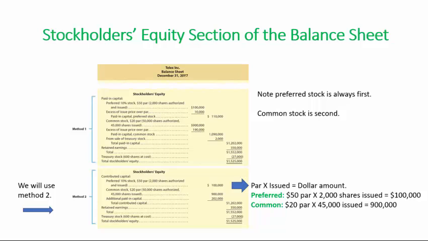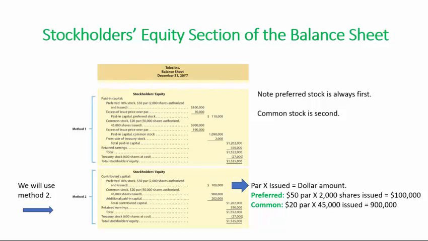So this is what the shareholders' equity section of the balance sheet looks like. It's broken into two main categories, the paid-in capital and retained earnings. The preferred stock is listed first, and you see this is a 10% preferred stock, a $50 par, so they're guaranteed a $5 dividend on an annual basis, and there are 2,000 shares authorized and issued in that case.